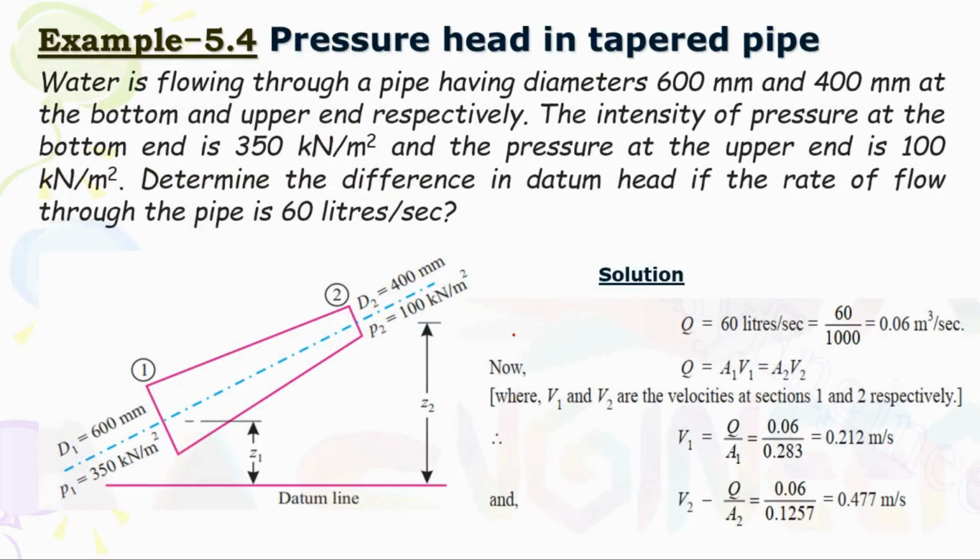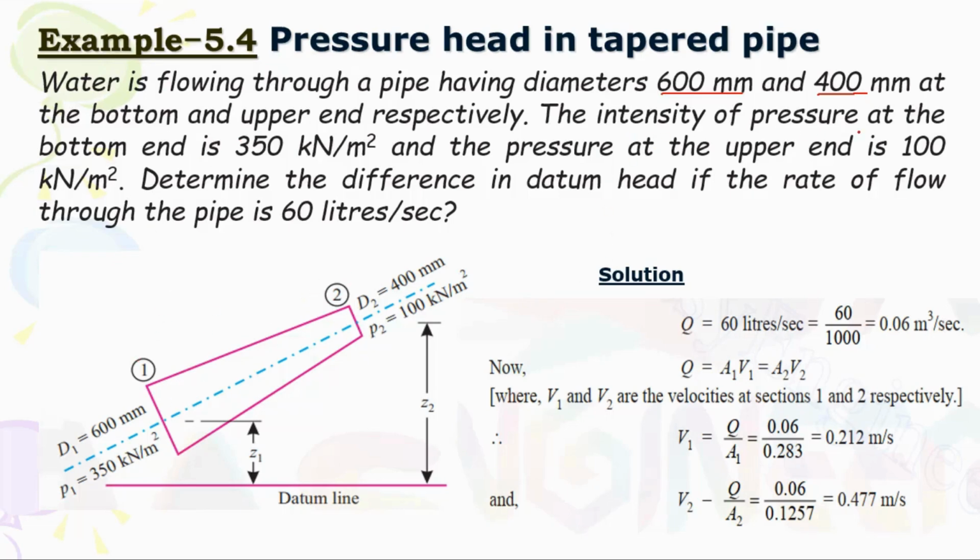Then the fourth example is just tapered pipe. Pressure head in a tapered pipe, because cross section may vary. Here at section 1 is larger than at section 2, so what will happen? So water is flowing through a pipe having diameter 600 millimeter and 400 millimeter, both at section 1 and section 2, at the bottom and upper level.